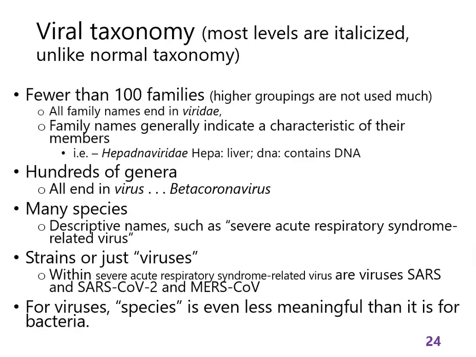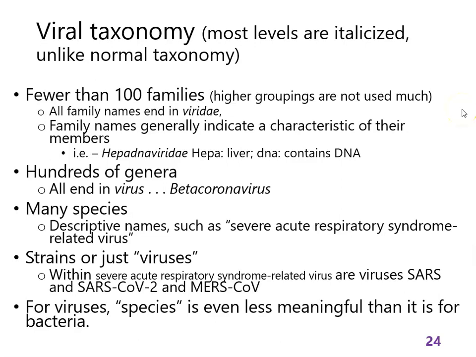And within those you get viral variants, viral strains, and it's just kind of crazy because within one species or subspecies, SARS-CoV-2, there are thousands, maybe millions of strains of that virus that we never usually hear about because many of them are redundant.